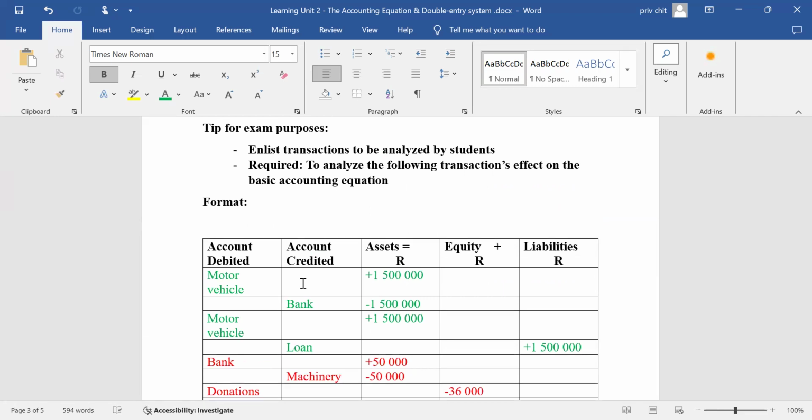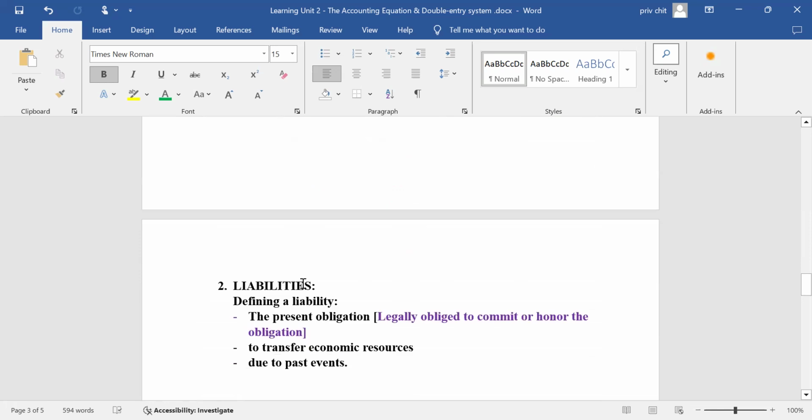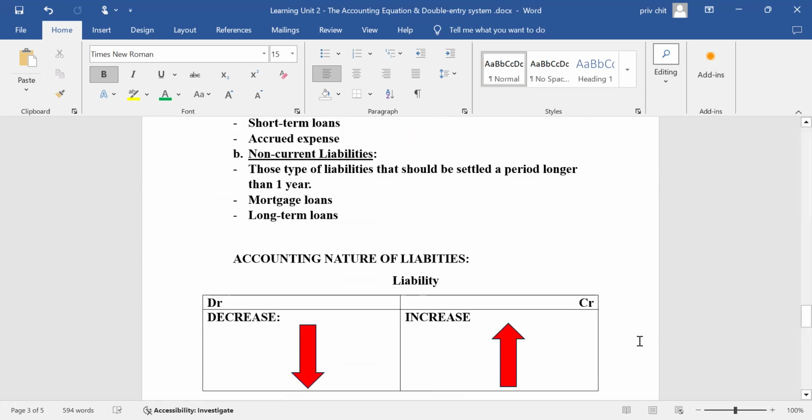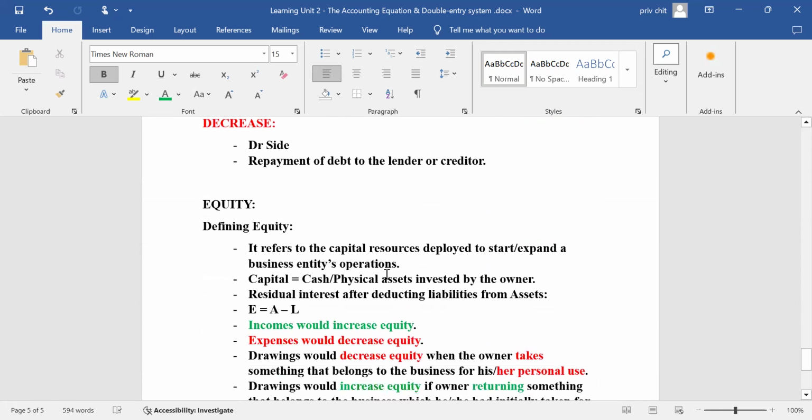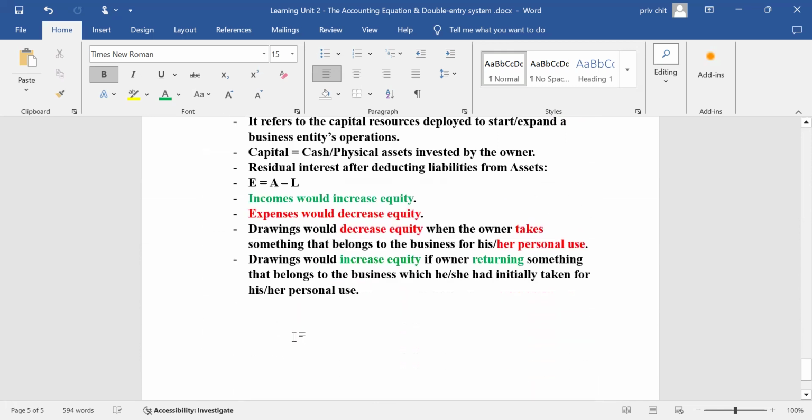Wonderful. Okay, so having said that, now what makes up expenses, right? Because I've explained to you about equity. I want to talk to you a little bit about expenses and incomes.